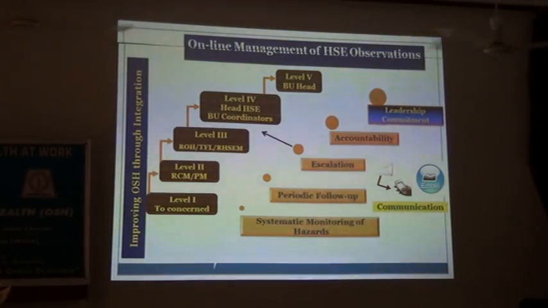Ultimately we are trying to achieve systematic monitoring, periodic follow-up, and escalation, and through escalation we are bringing accountability at a higher level, otherwise they generally try to disown. They say, okay, somebody should have called me, you should have informed me. And it is not very easy for a person here to call up and tell that these people are not doing anything. So this automatically goes to him and he has to be accountable. We mostly use communications through email, through SMS and through the portal, so nobody can say that I have not received.